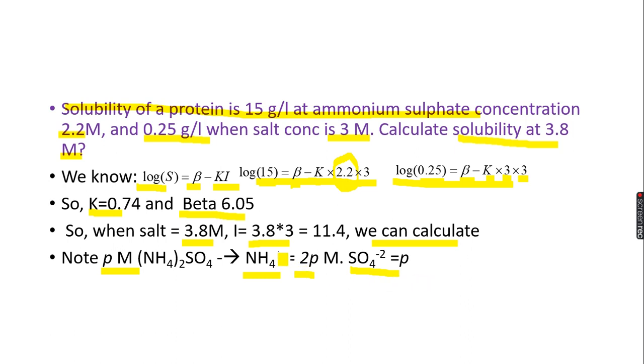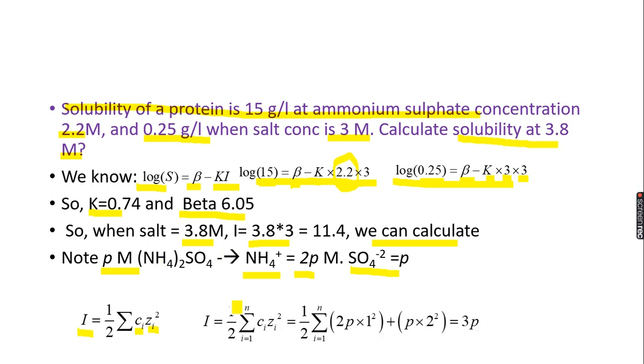And what about their charge? Charge is 1 here, charge is 2 here, and we know how to calculate ionic strength using this equation, which you normally use for charged species. So I is half of the sum of the concentration of those ions times Zi squared, where Zi is the charge of the individual ion.